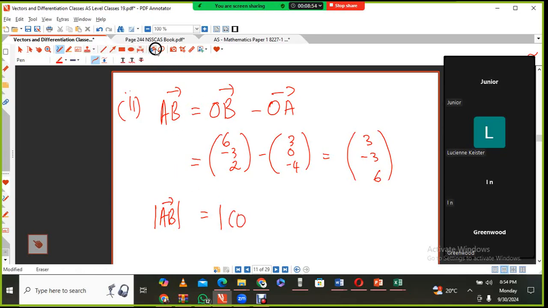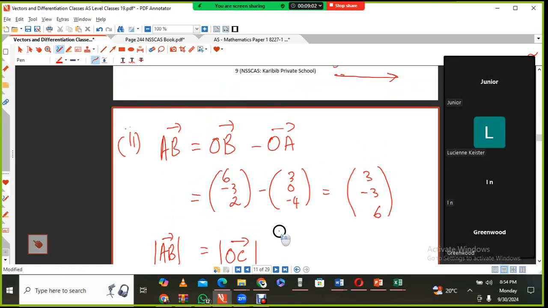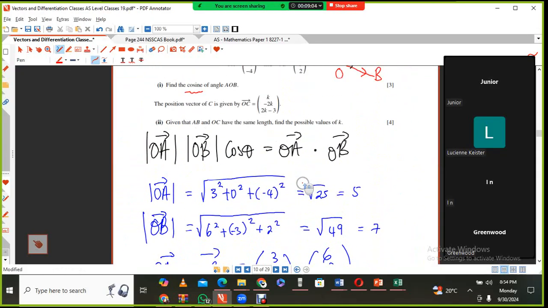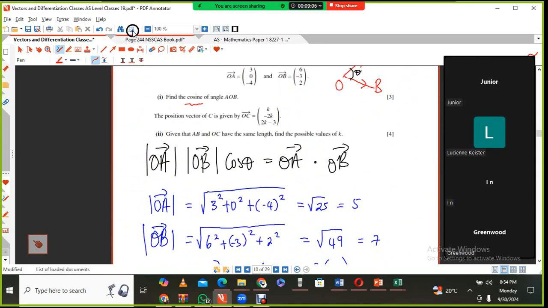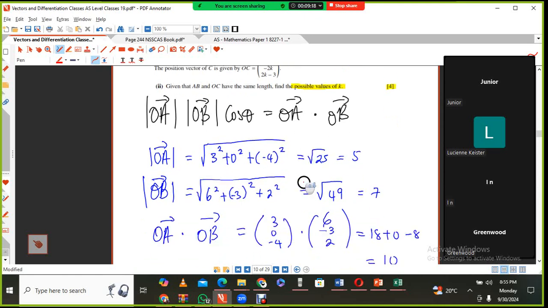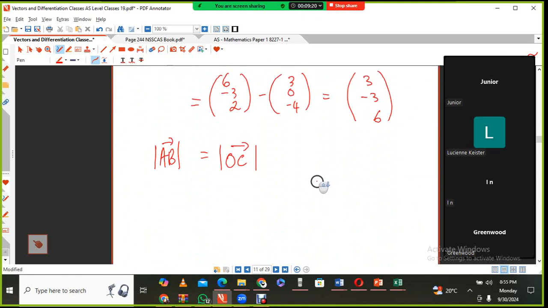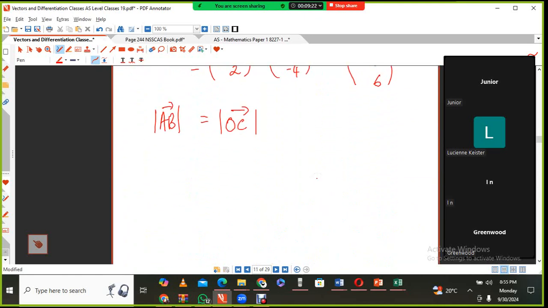We also know from the way the question is asked, and this is always a hint, it says find the possible values of K. This implies that you probably will end up with a quadratic and have to find two values, because it's not just one value.